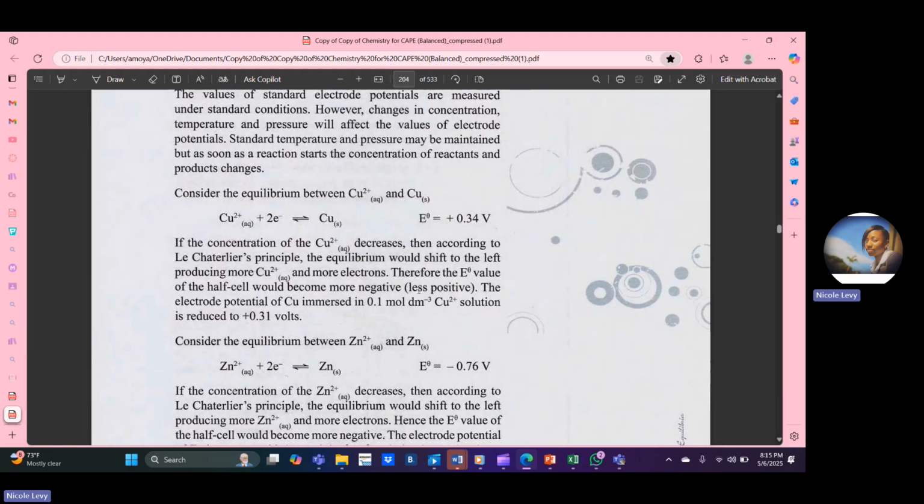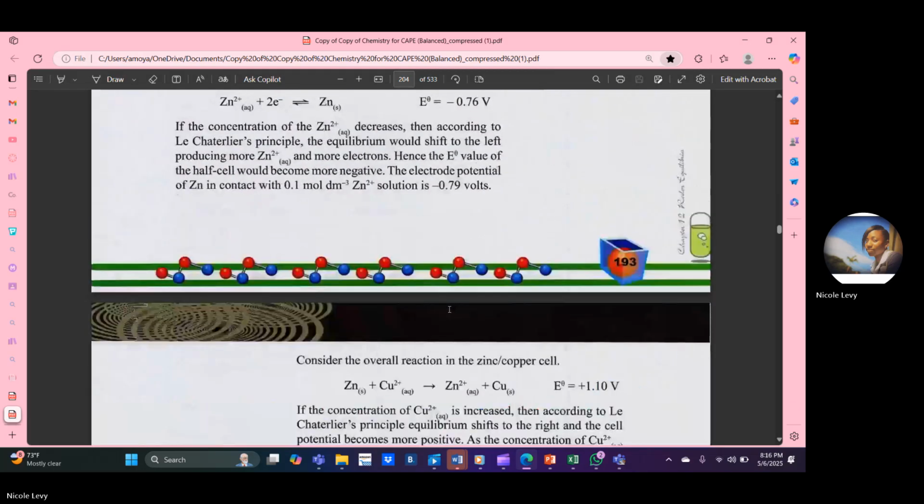Therefore, the E naught value of the half cell would become more negative, in other words, less positive. The electrode potential of the copper immersed in 0.1 mole per dm cubed copper solution will be reduced to 0.31 volts. So this only happens when we disturb the system or when we add a stressor to the system.